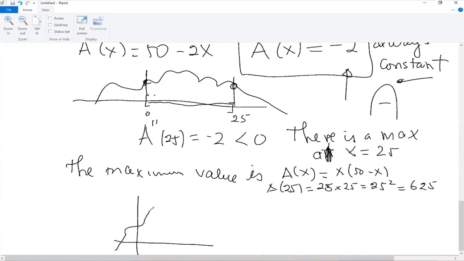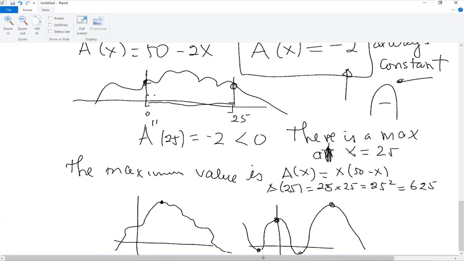This is a continuous function over all R. The maximum will be here, or maybe it does like that, with a sine or something like that, and has several relative maximums and several relative minimums. Critical points. One critical point, and as I show here, four or more.